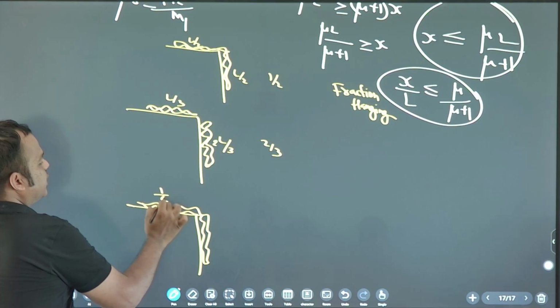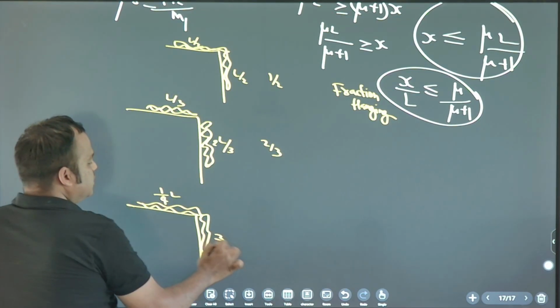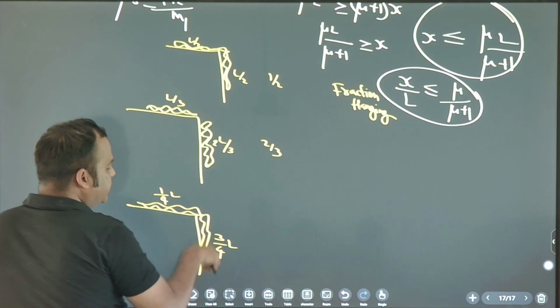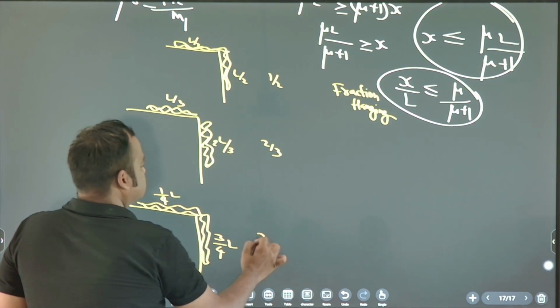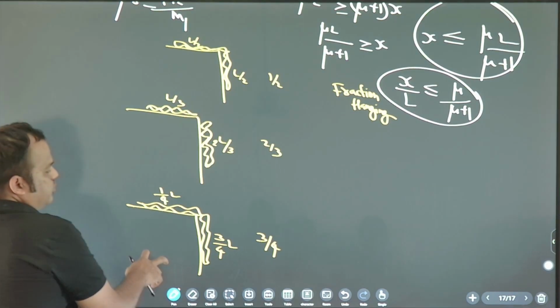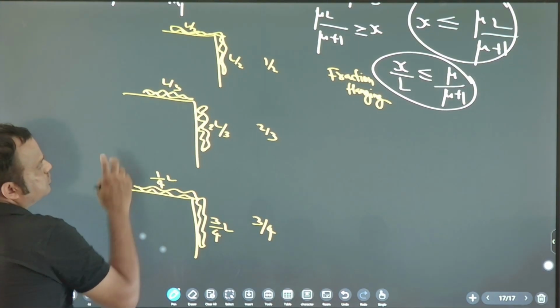If L by 4 is resting, 3L by 4 is hanging, so what is the hanging fraction? 3 by 4. Okay, understood.